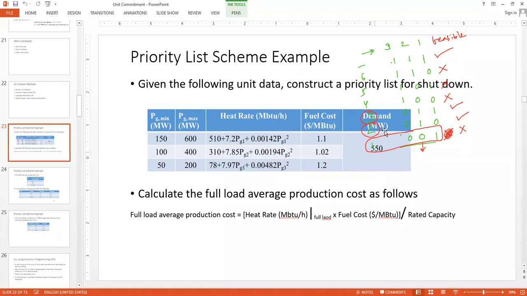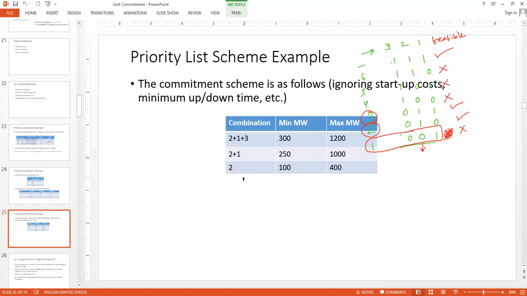You can say, well, if the demand varies, then how are we going to shut down the units following the priority ordering? As we said, if the demand is anything lower than 1000, then if the maximum demand is 400, we can only turn on unit number 2.